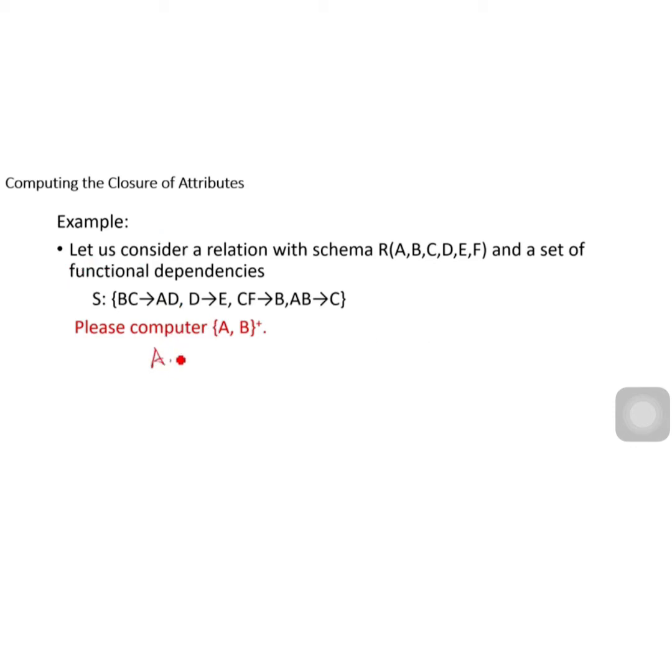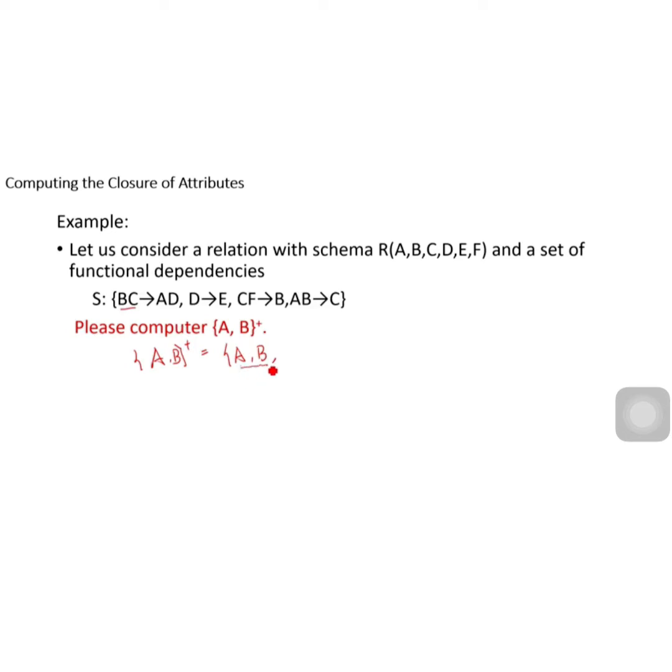Let's compute the closure of AB, based on the basis AB. AB must be in the closure of AB. Then let's look at each FD. BC functionally determines AD.